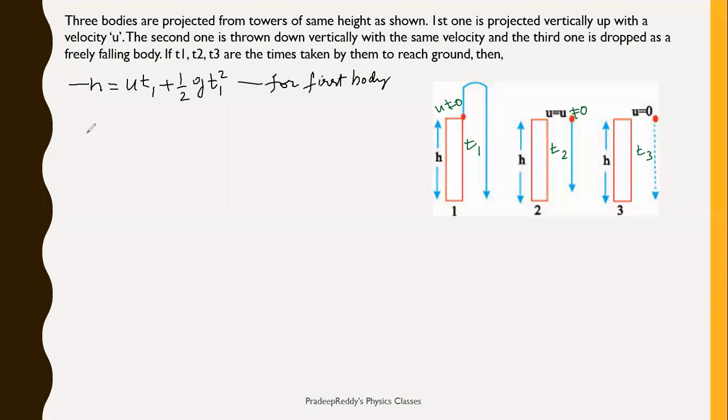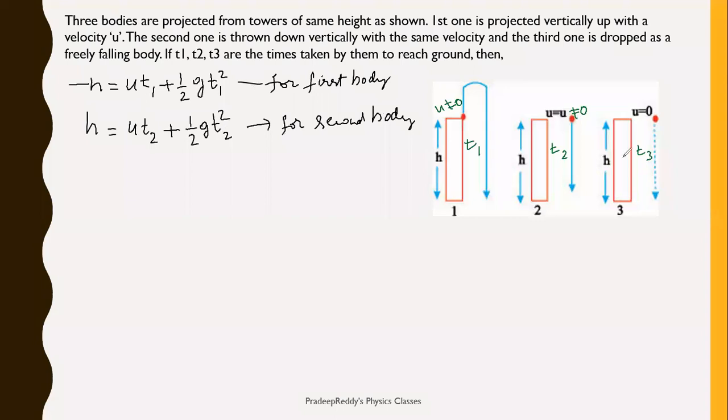So I will write it as h is equal to u T2 plus half g T2 square, since the initial velocity is non-zero. That is for the second body. Remember, the right hand sides for equation 1 and equation 2 are not equal because T1, T2 are not the same.